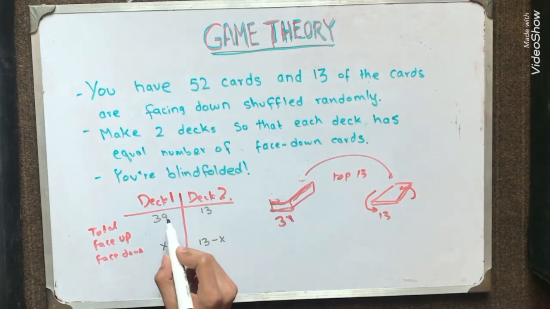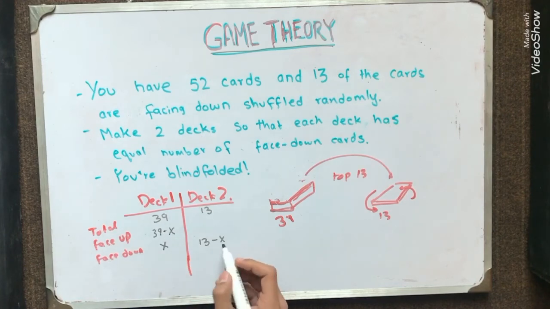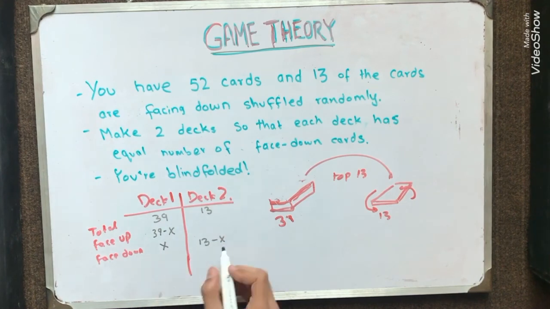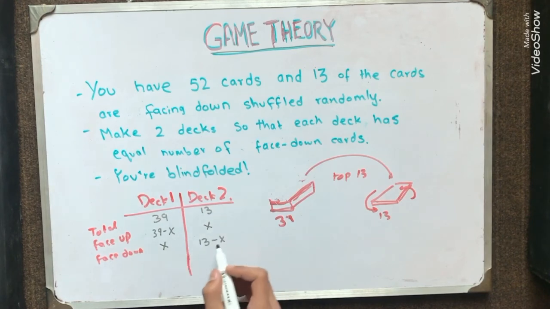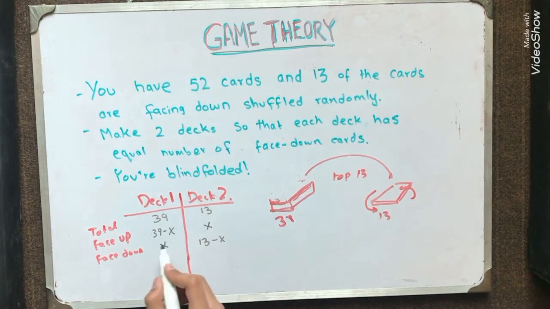In deck 1, the total number of cards is 39 and face down are X, so face up have to be 39 minus X. And in deck 2, the total is 13 and face down cards are 13 minus X, so face up cards have to be X, because face down and face up cards should make up the total number of cards in that deck. You can verify that X plus 13 minus X is equal to 13, and 39 minus X plus X is equal to 39.